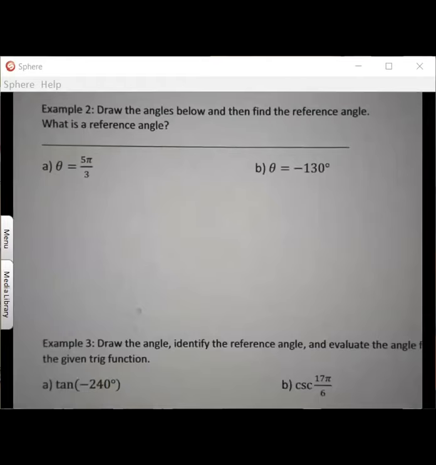So a reference angle for theta is the acute angle theta prime formed by the terminal side of theta and the x-axis. It's a bit of a mouthful. Let's write that down and then we'll draw it. It'll make more sense once we draw the picture.